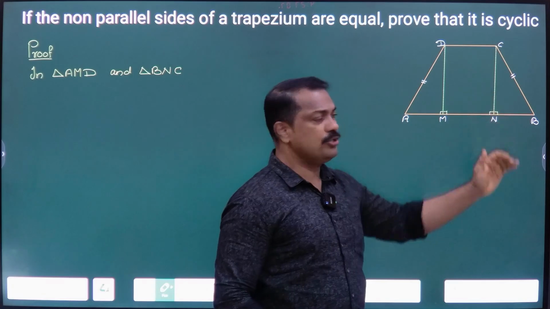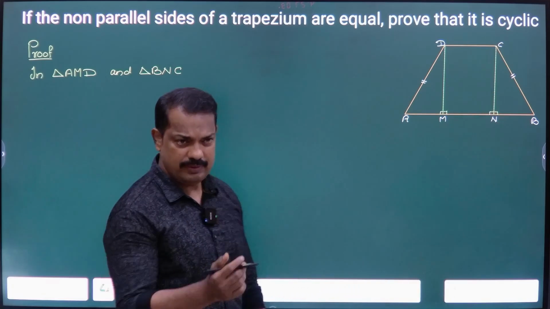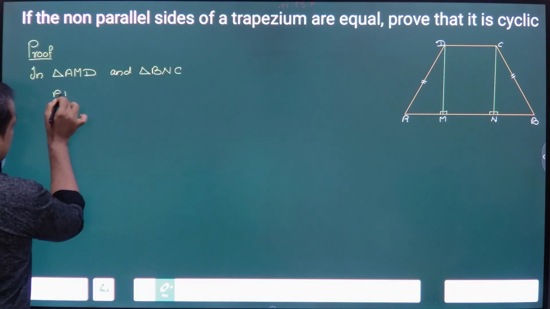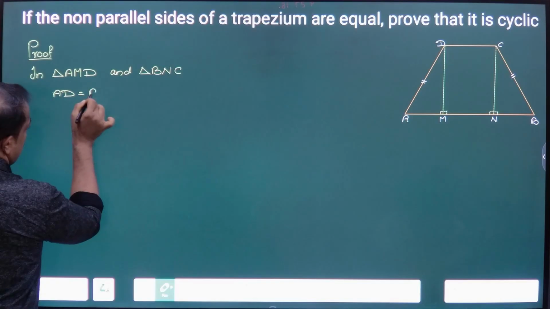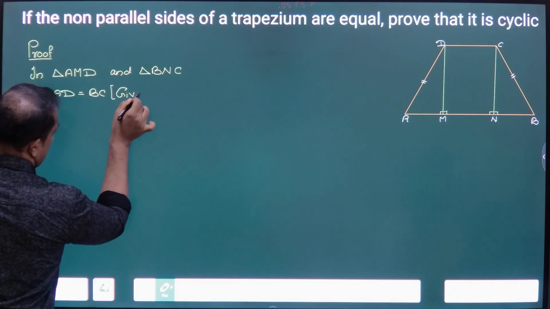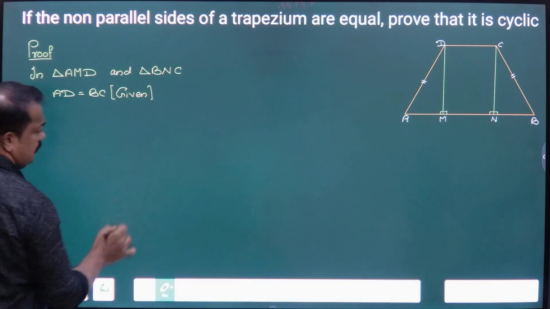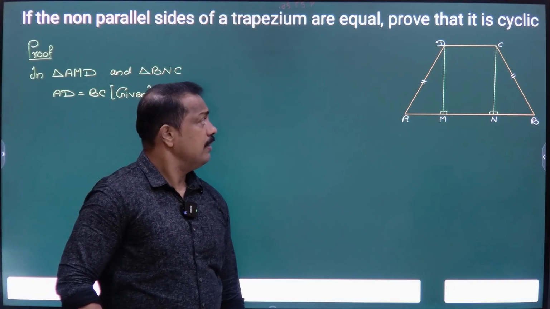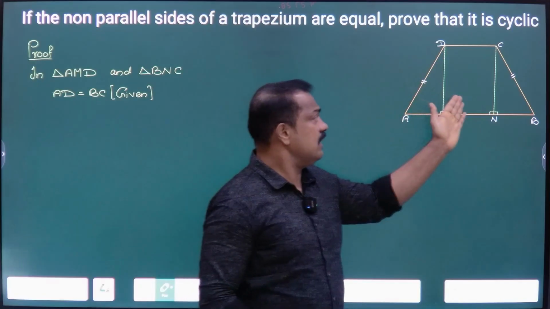AD is equal to BC. Reason: given. Second part, DM is equal to CN.